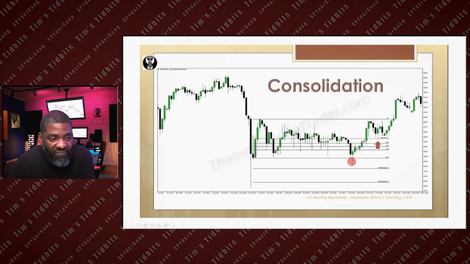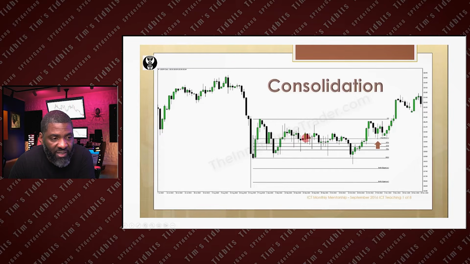You see, we have a defined range. Price is not showing a willingness to break above this candle's body. We wicked below it a little, but all the bodies are staying inside. It's not showing a willingness to leave this area. And halfway in between the highest point and the lowest point, that's your equilibrium.